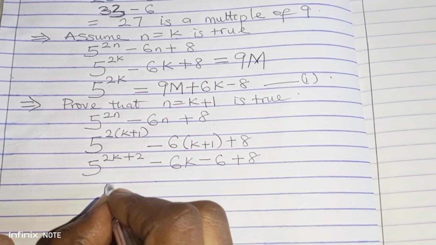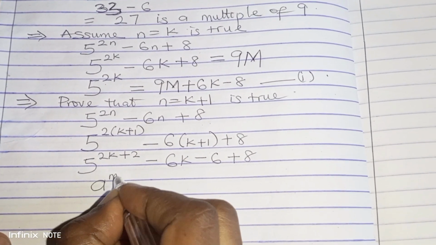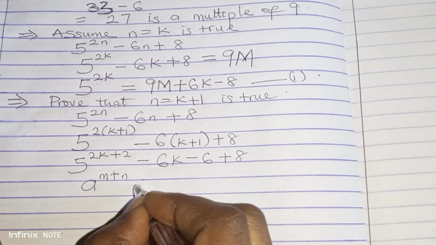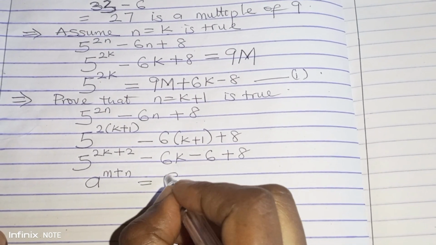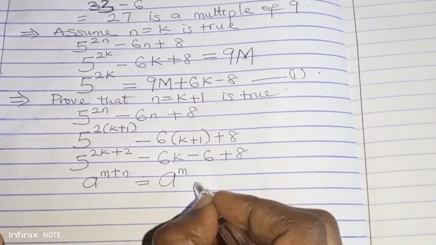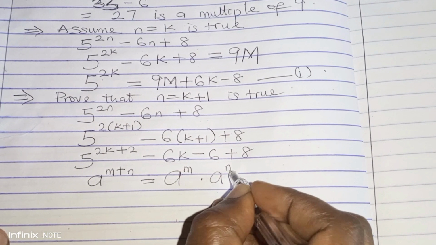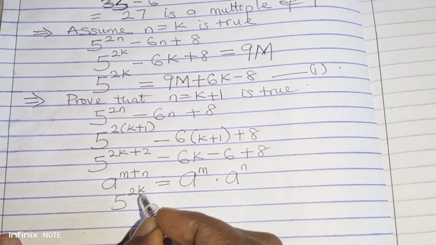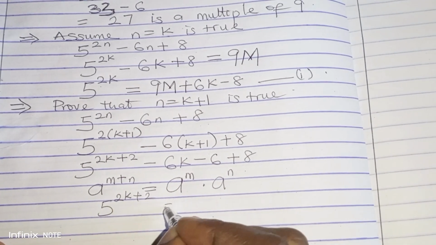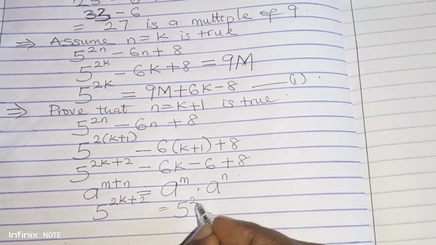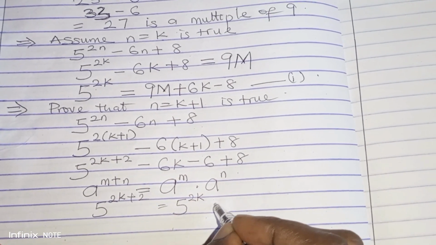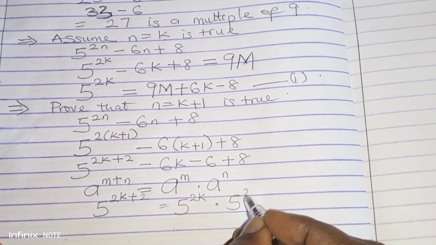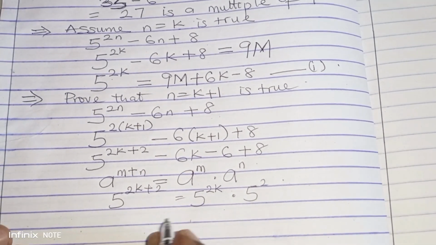So recall, if you have a raised to power m plus n, according to the law of indices, it will be a raised to power m multiplied by a raised to power n. So the same thing is applicable to 5 raised to power 2k plus 2, which will be 5 raised to the power 2k multiplied by 5 raised to the power 2. So let's put that here.